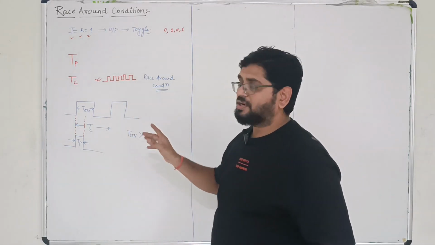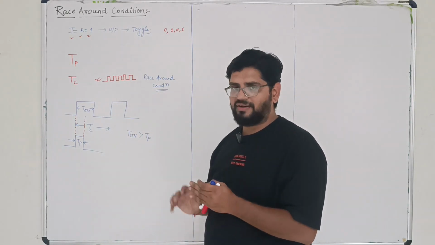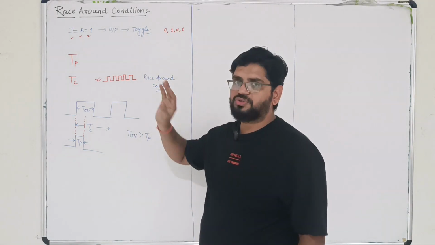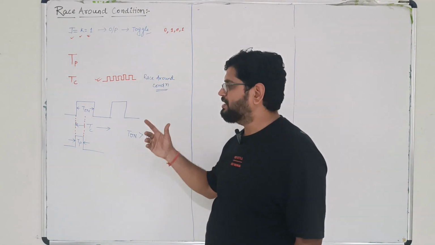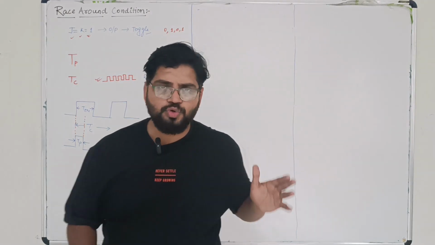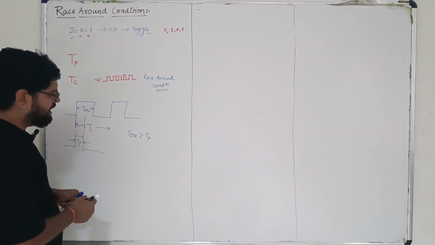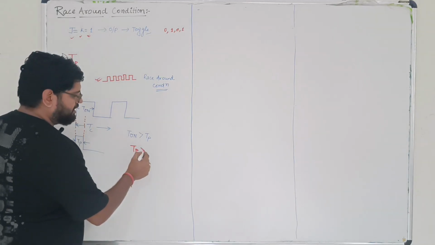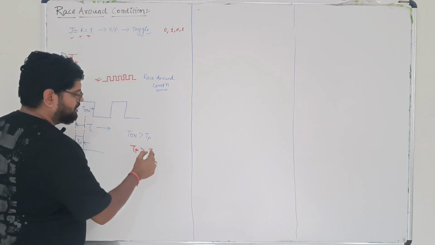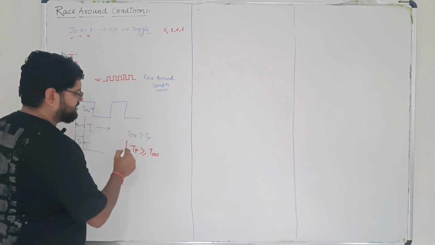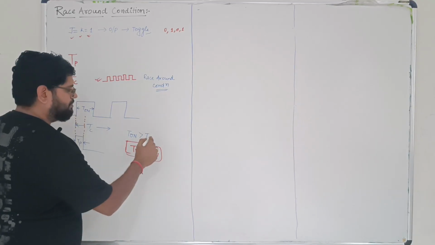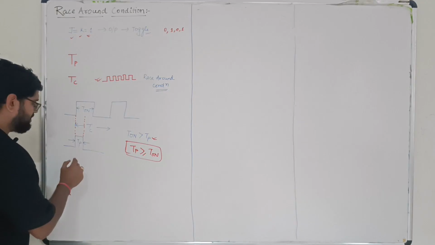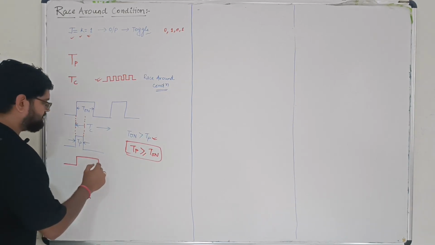So this is about the race around condition, and you have understood why it is occurring. Now the next question will be, what is the solution to this race around condition? How can it be avoided? The answer lies over here only. If anyhow you make the propagation time period greater than or equal to T on, if you make the propagation time larger, then you can see it will be, let's suppose, something like this.